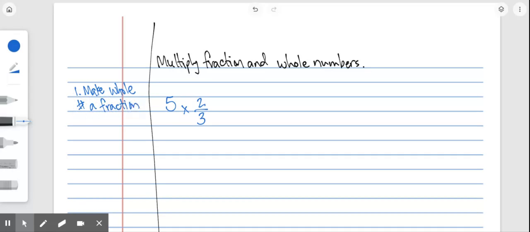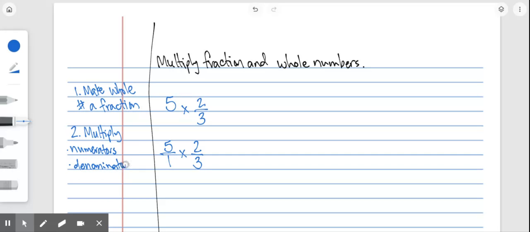In order to make 5 a fraction, I'm going to rewrite it as 5 over 1. And then I rewrite the whole thing, 5 over 1 times 2 over 3. Then step 2 is I multiply the numerators together and the denominators together, but separately.